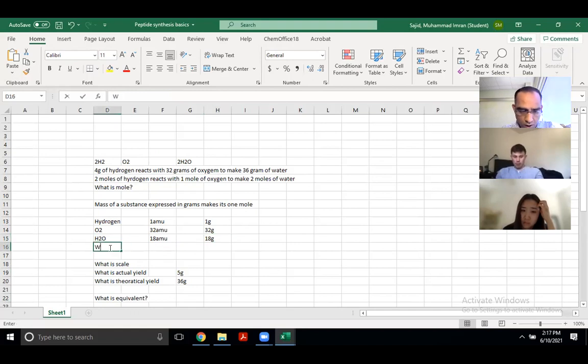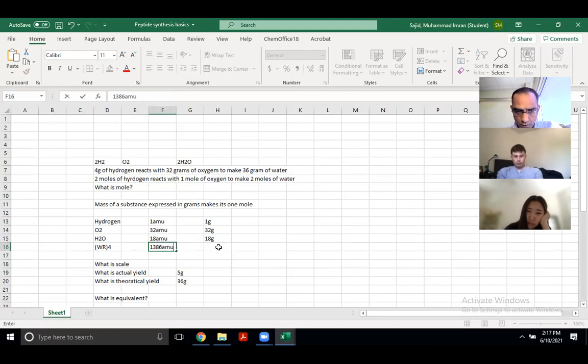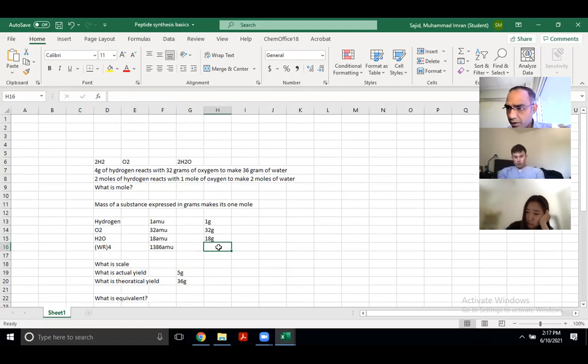So WR4 was my peptide, and the mass was 1386 AMU. I'm just saying how much should I get the mass of WR4? 1386 gram.